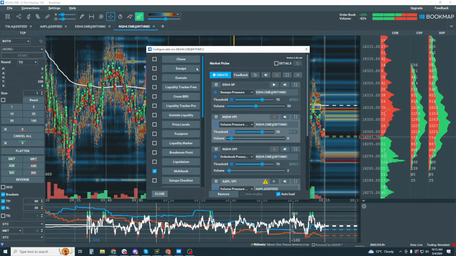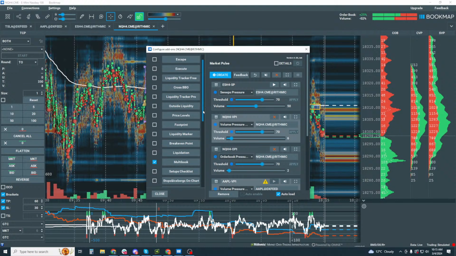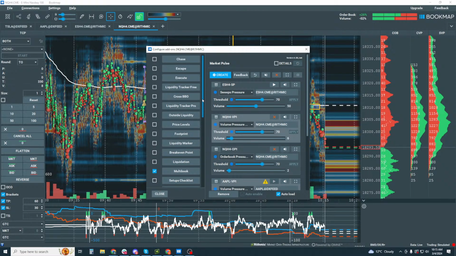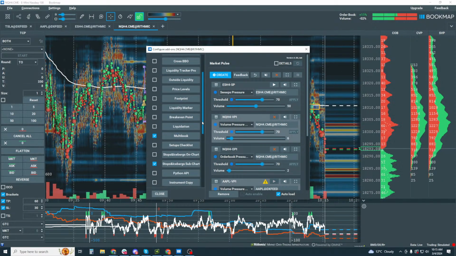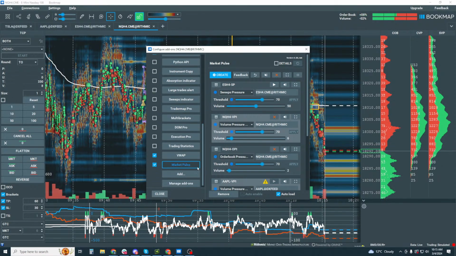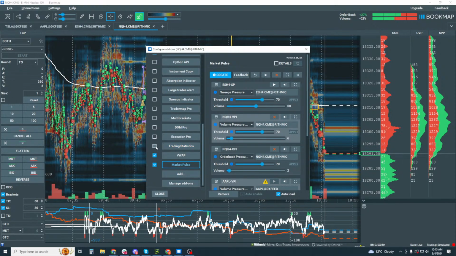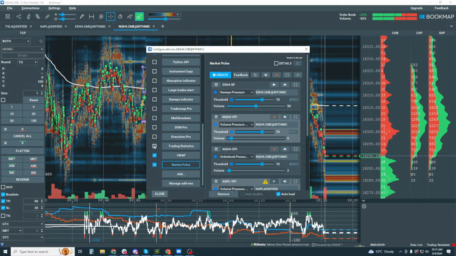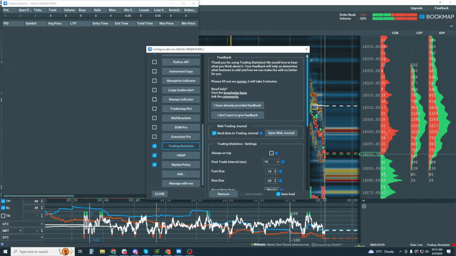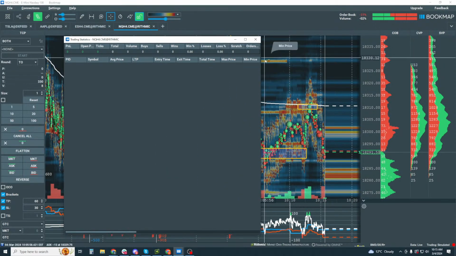Oh, please tell me I have it checked. And I don't have it checked. Oh no. Thought I did. Okay, so you have to have that open, and once this is open in here, you start collecting some data from your trading.